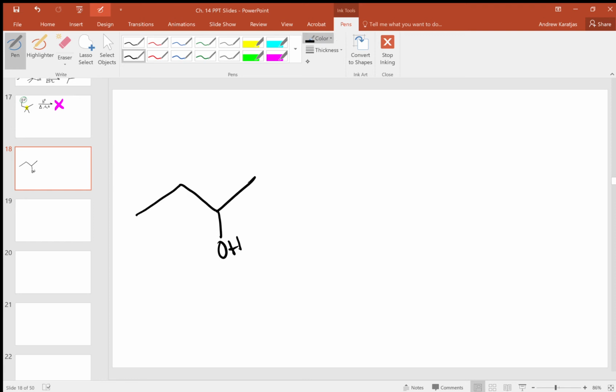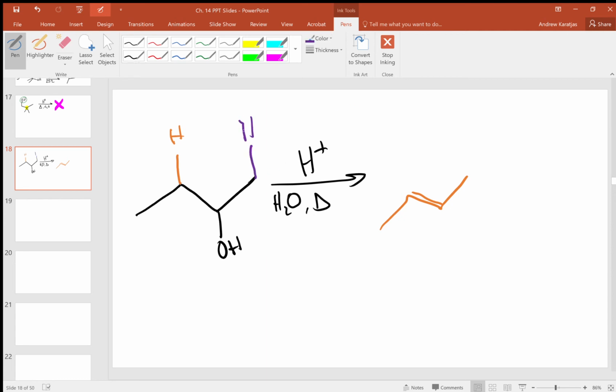And if we're talking about removing an adjacent hydrogen, we could remove that one in orange, which would lead us to 2-butene as the product. But this one that I've drawn in purple is also adjacent to the alcohol.